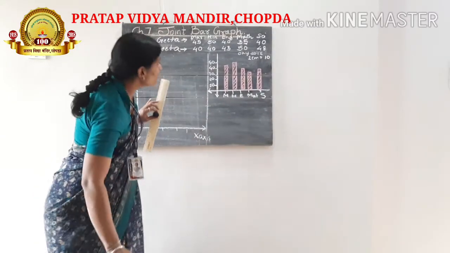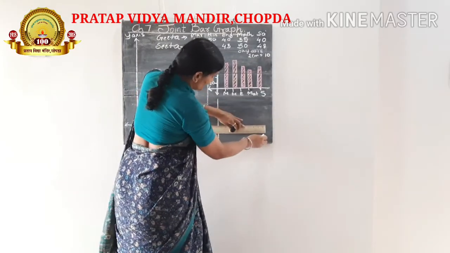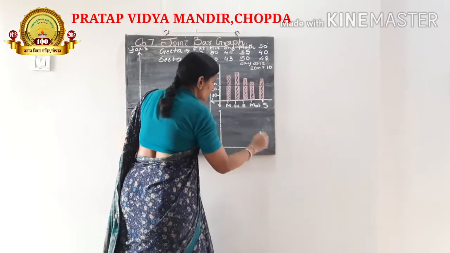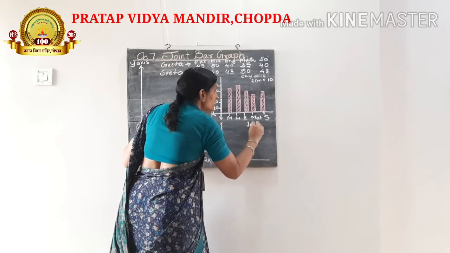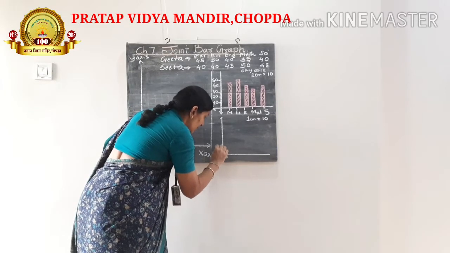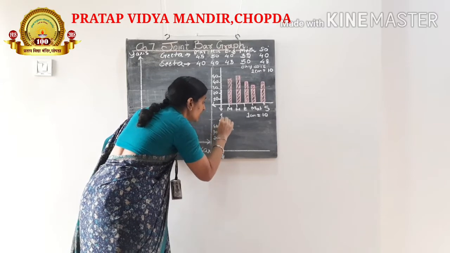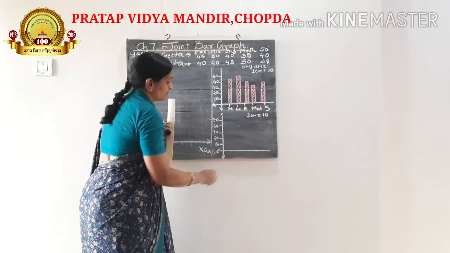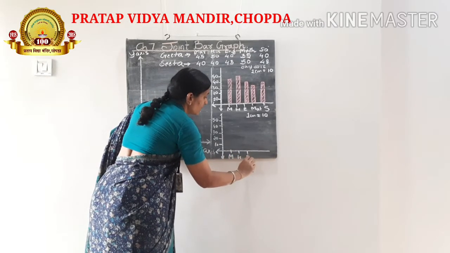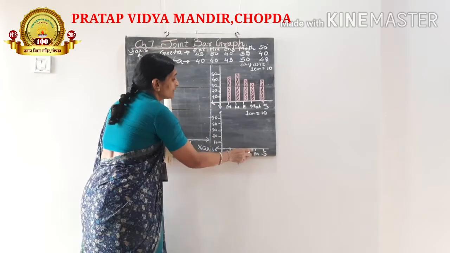In the same way, we will draw a graph showing Sita's marks. One centimeter is equal to 10: 10, 20, 30, 40 and 50. Marathi, Hindi, English, Maths and Science.